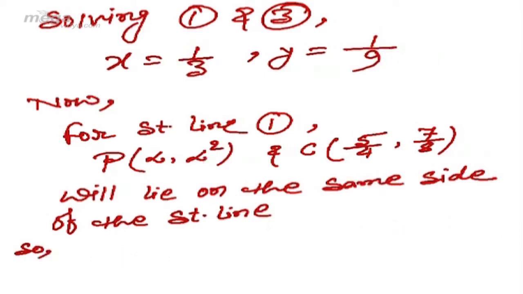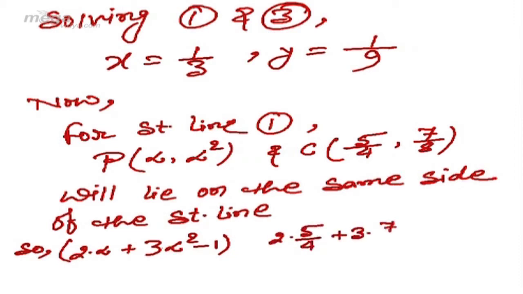So using the rule, if you substitute P in the straight line 1 and if you substitute C in the straight line 1, both will give the same sign. It means 2 alpha plus 3 alpha square minus 1 and 2 into 5 by 4 plus 3 into 7 by 8 minus 1 will give the same sign.